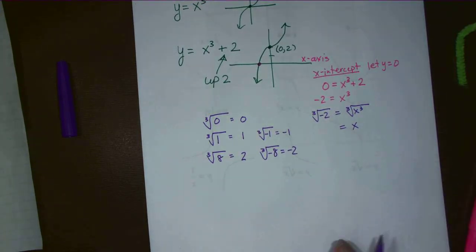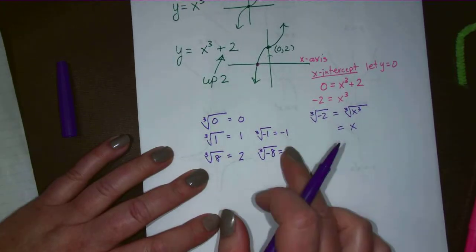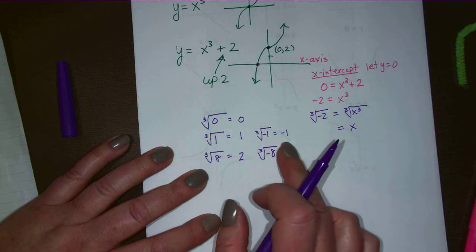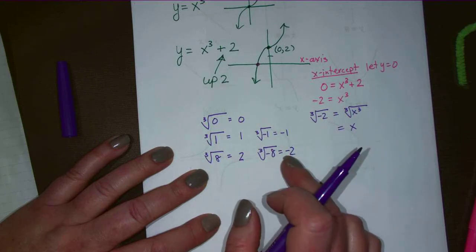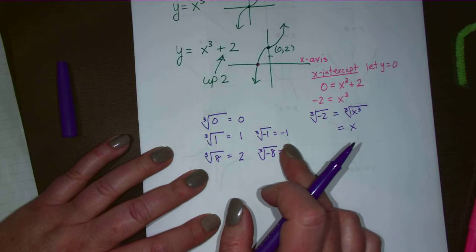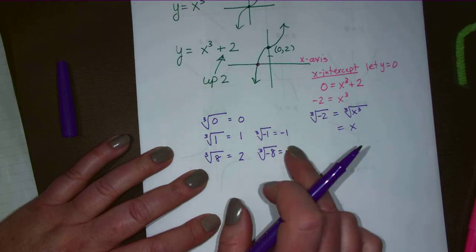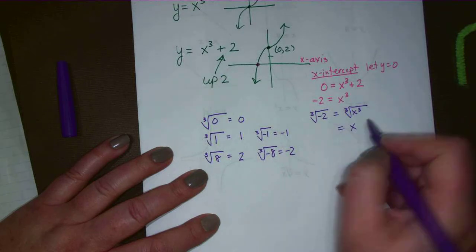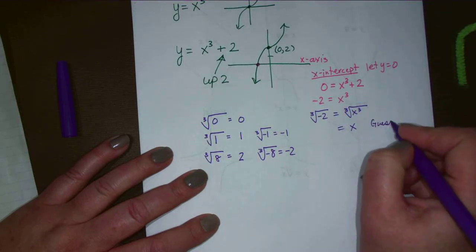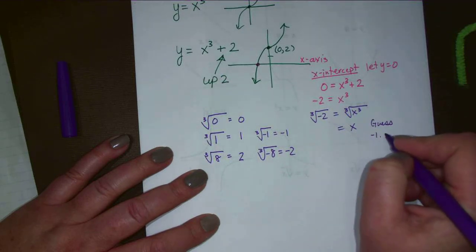They can be negative. So this one is really close to negative 1, but bigger or smaller? Bigger or smaller, depending on what you're thinking, but between negative 1 and negative 2. So what could our guess be? Negative 1.2, whatever.